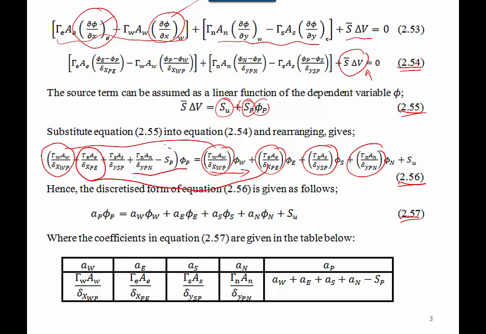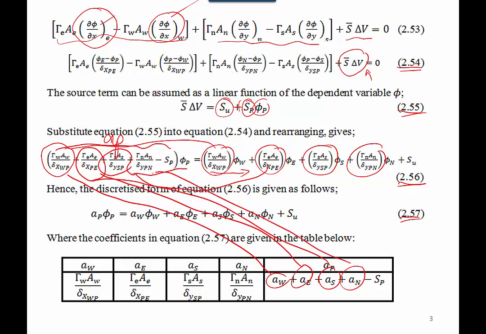Therefore, all of this will be equal to aP, which is aW plus aE plus aS plus aN, and Sp will remain as it is.